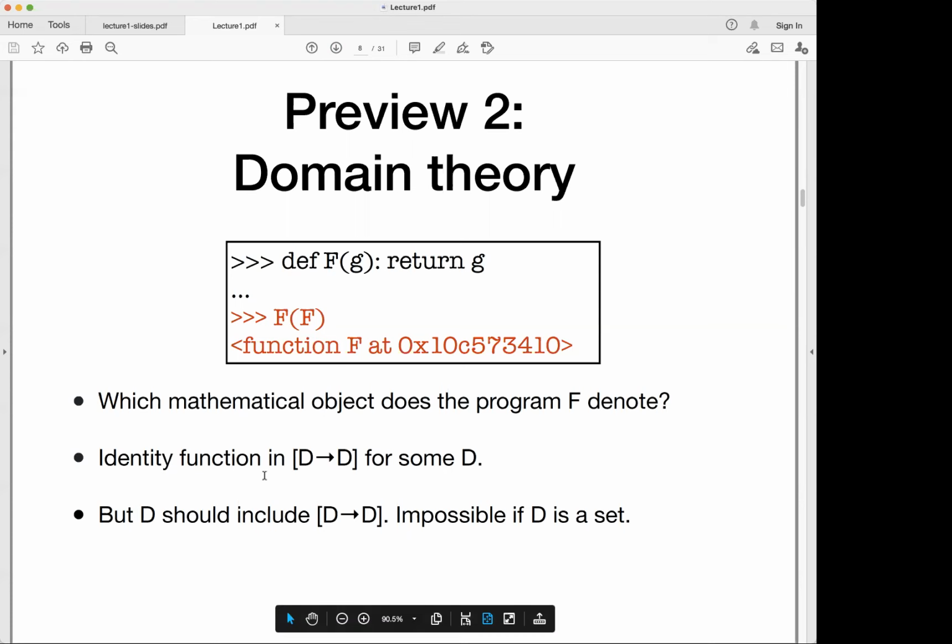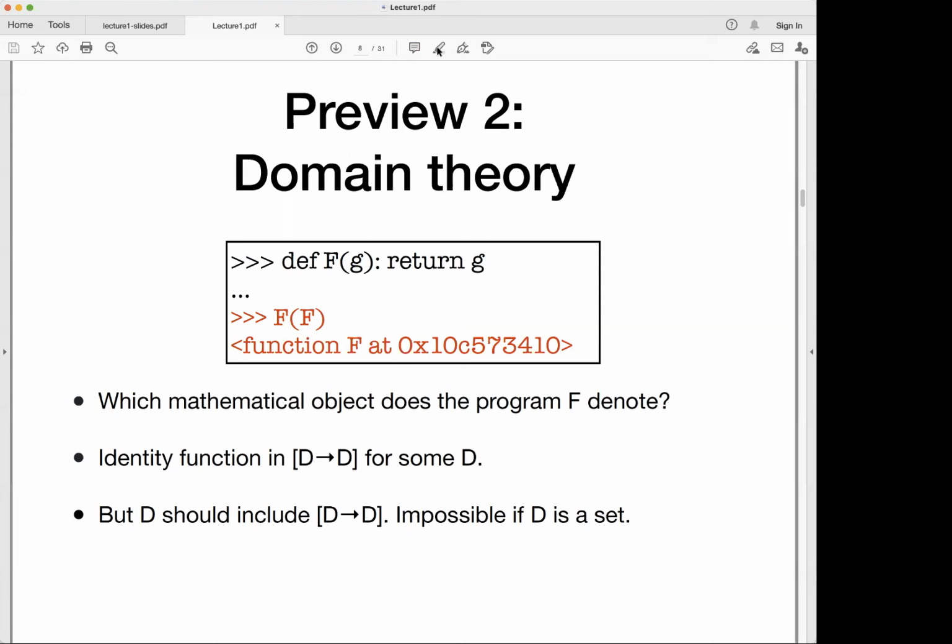capital F is the identity function over D, but because the function F can take function F itself as a parameter, D should now include this function space itself.